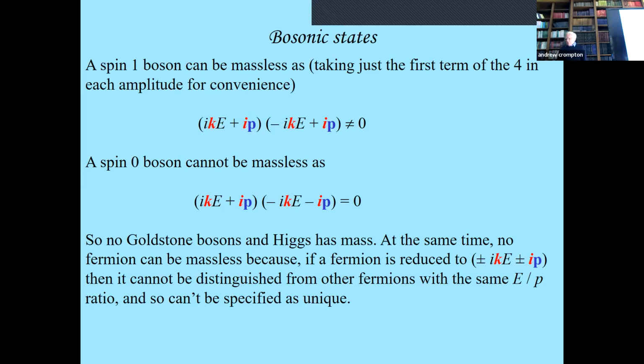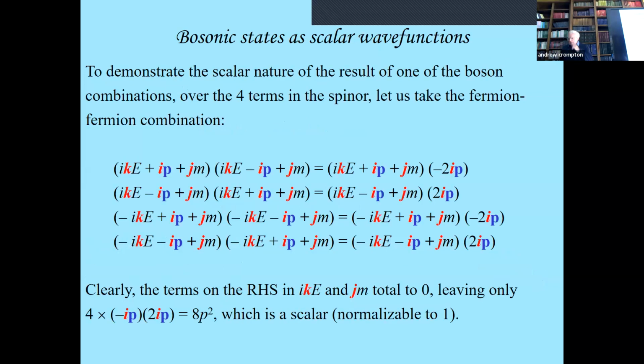And no fermion can be massless, because if a fermion is reduced to the two terms, the E and the P, then you can't distinguish it from other terms with the same ratio, so it can't be specified as unique. I'm just working out one of these using all 4 terms to show how you get a scalar multiple by doing the fermion and the boson.